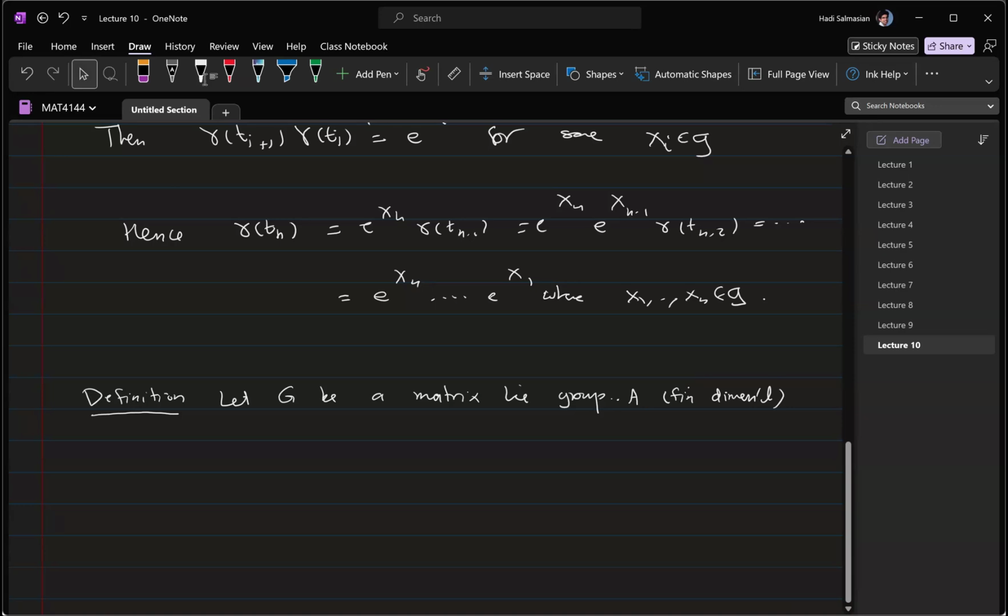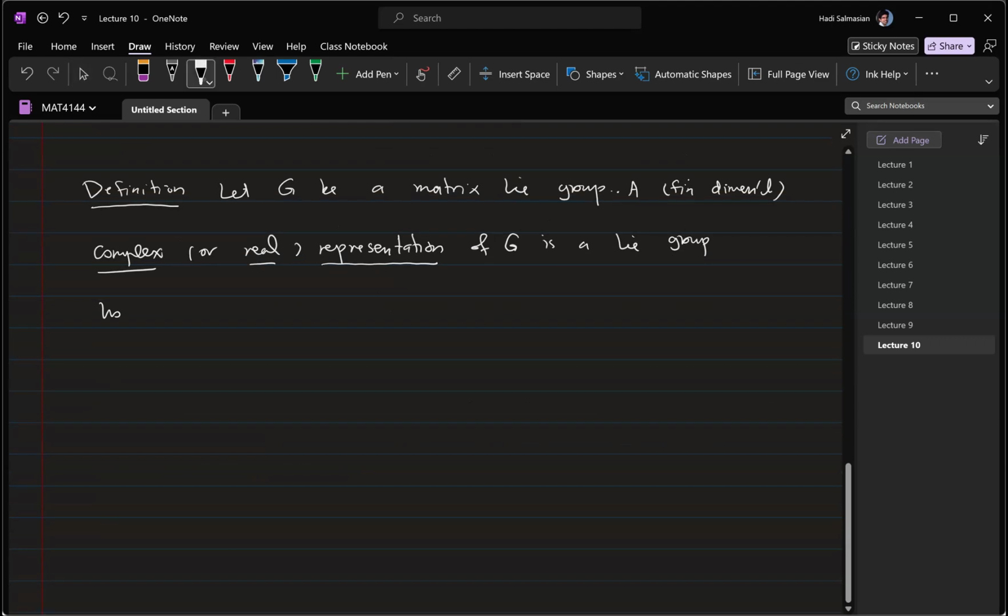So finite dimensional complex or real, so this will be clear later, representation of G is a Lie group homomorphism rho going from G to GLV, where V is either a complex or a real vector space.